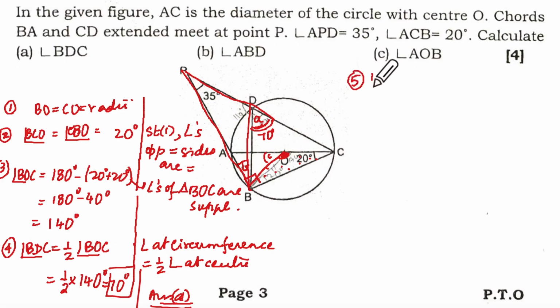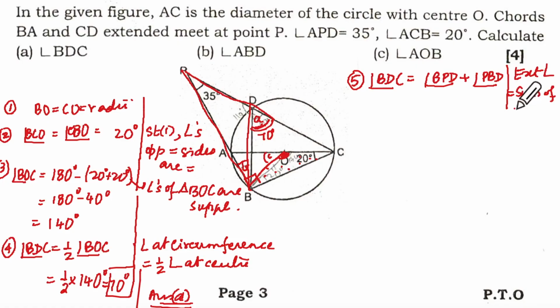So the fifth statement, what you'll say, angle BDC is equal to angle BPD plus ABD, means PBD, and what I'll say, exterior angle is equal to sum of interior opposite angles.